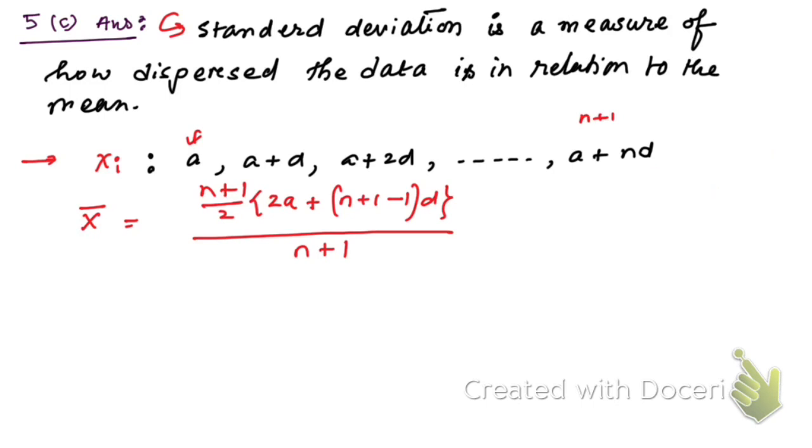Now if you simplify this, n plus 1 cancels, then half into 2a, the 2 cancels, so we can write simply a, then plus (n plus 1 minus 1) into d by 2, which gives n d by 2.